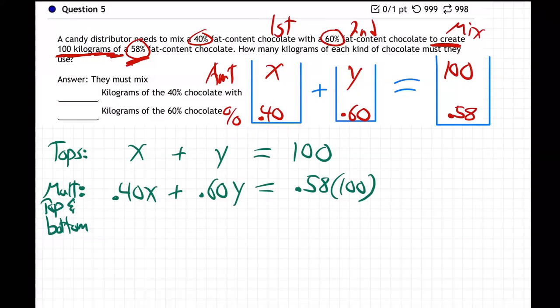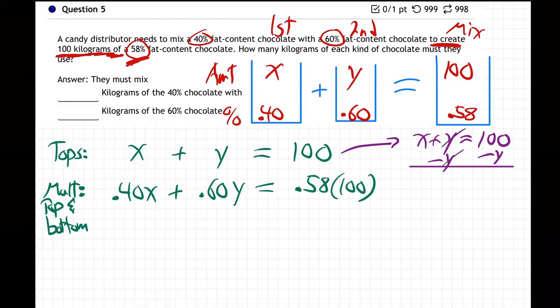Well, the first thing is I would come in here and get X alone. So here, I'll take this over here to the side. So we have X plus Y. Let's scribble that up. X plus Y is 100. And so I'm going to subtract Y from both sides there.